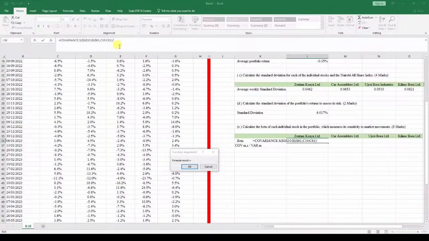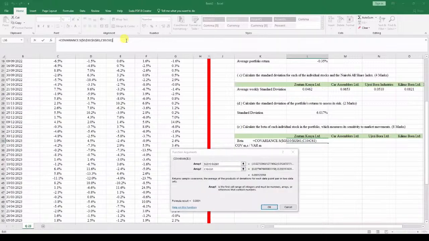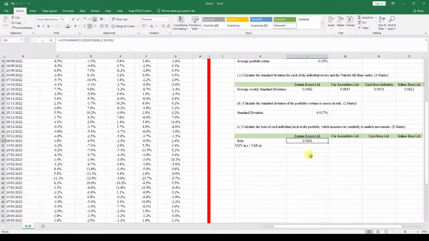We divide against variance of the market. But before we do the variance, we can say okay like that, because that's just the covariance, as you can see from the formula.